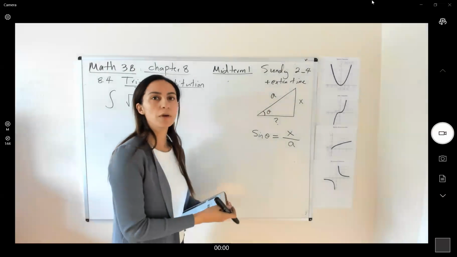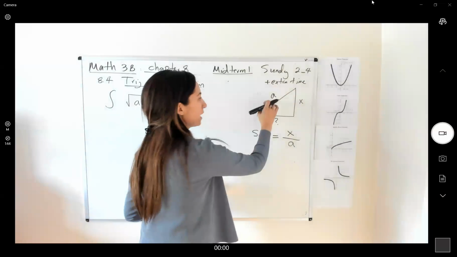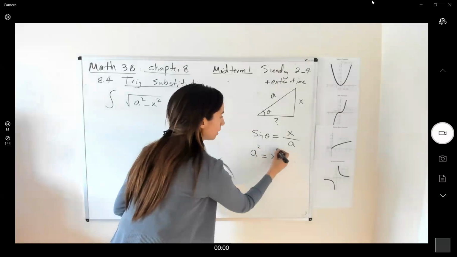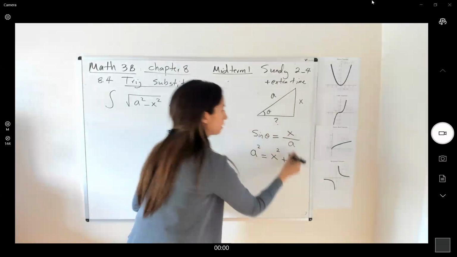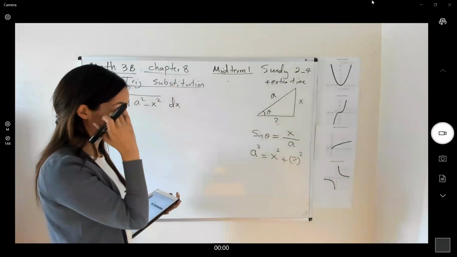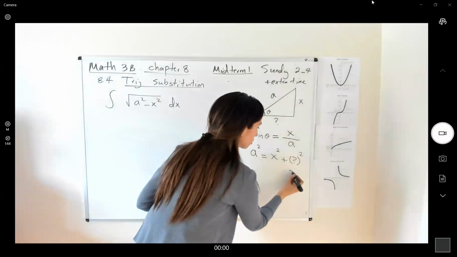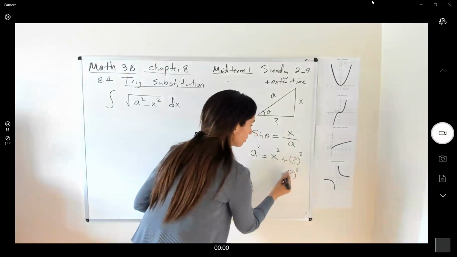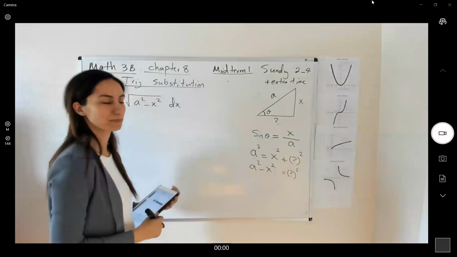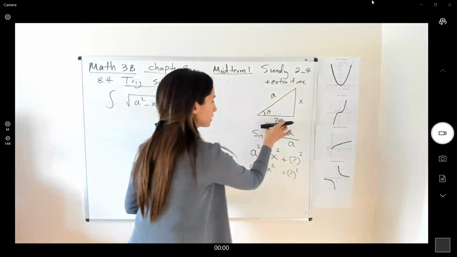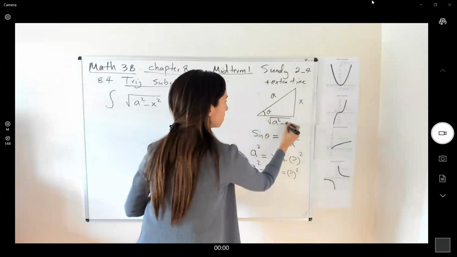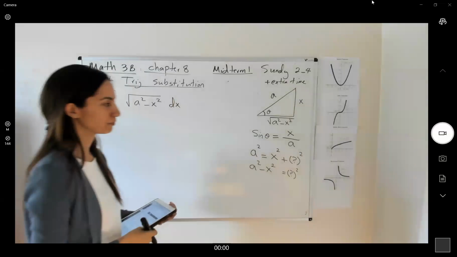And at the same time, the Pythagorean theorem says a squared is equal to x squared plus this length raised to the second power. So this length here, squared, is equal to a squared minus x squared. So this length is nothing but the square root of a squared minus x squared.